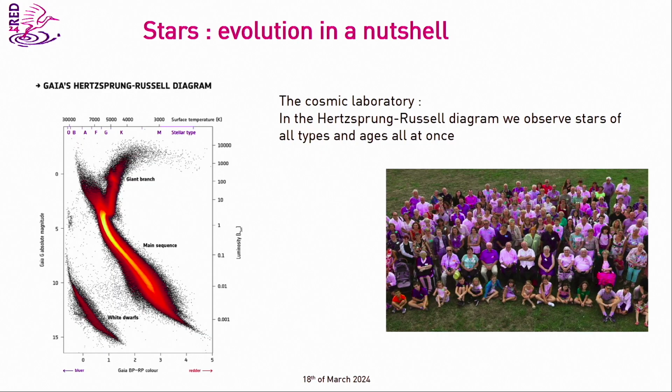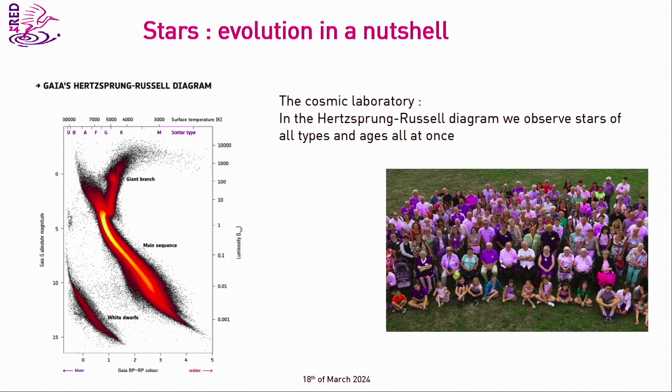So the main sequence is actually, now we know, identified as the region of stars that are fusing hydrogen in their core, as hydrogen fusion has the longest time scale for the fusion to occur. This is where the stars spend most of their time. That's why we see so many, because they spend the essential of their lifetime in this region.